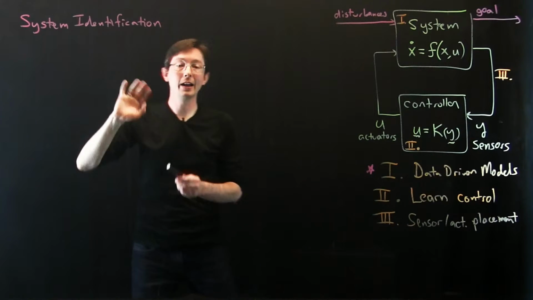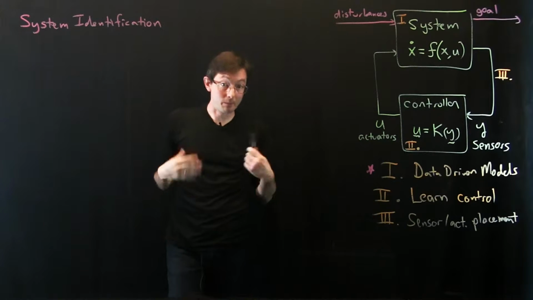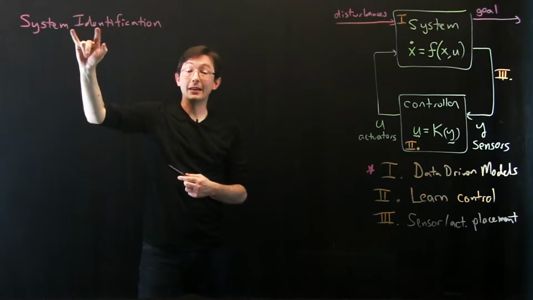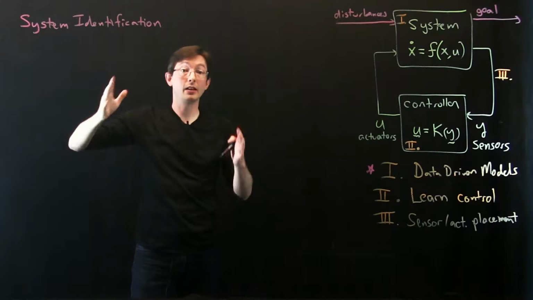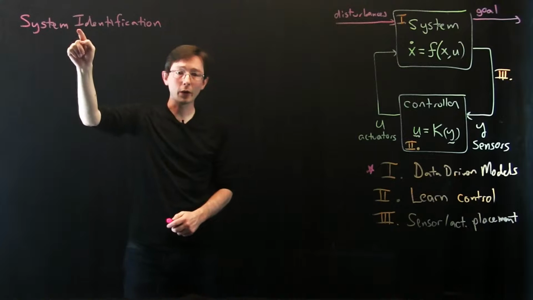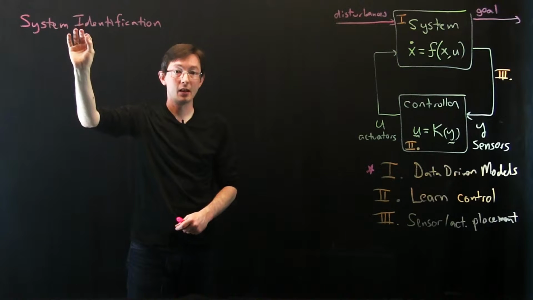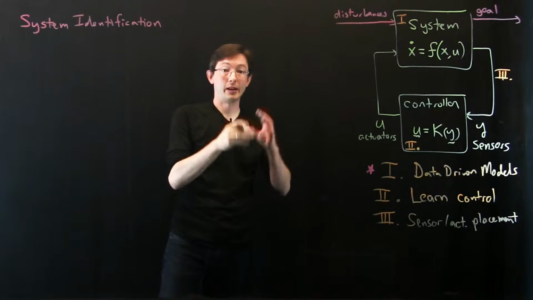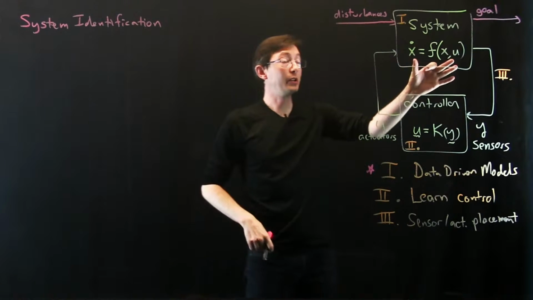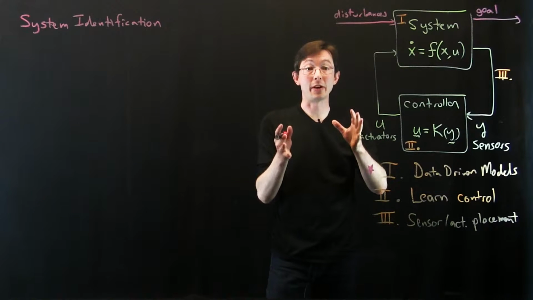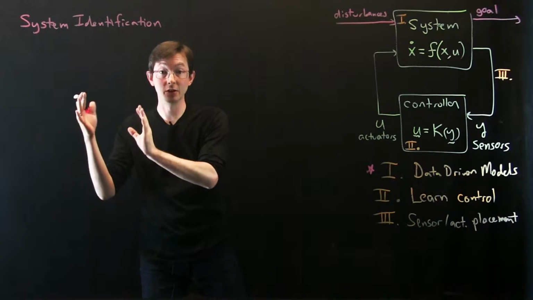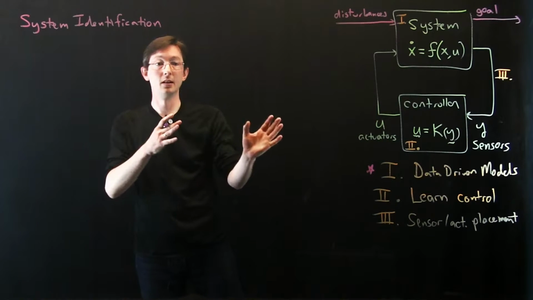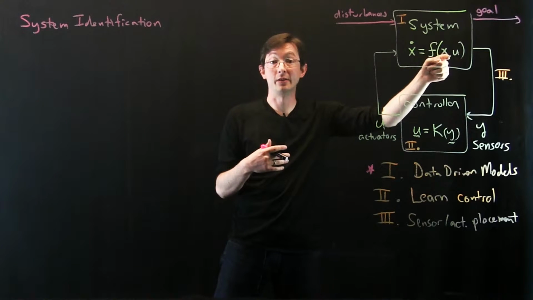Okay, and I'm a big umbrella machine learning person. I think of system identification as being a form of machine learning. What you're doing is you're learning models that generalize based on past data. So I collect data from a system, I build a model, and I hope that that model generalizes to the future, to new input measurements that I haven't seen before.